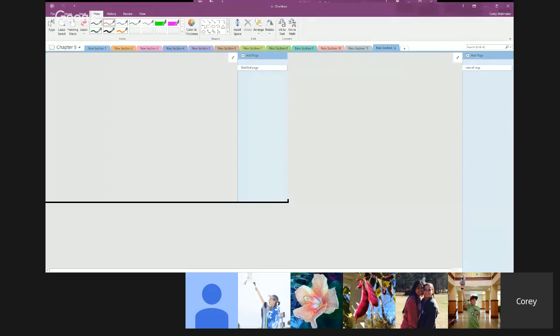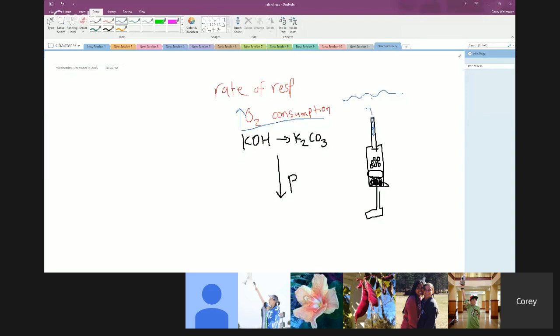I have a student saying CO2 was building up. Yeah, so the whole problem here is normally when cell respiration happens, oxygen is consumed by the organism, and that oxygen is replaced with carbon dioxide.